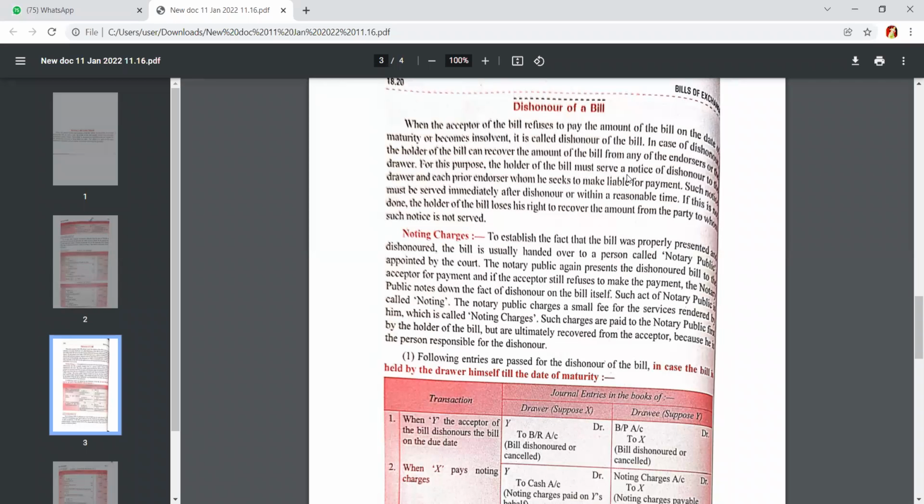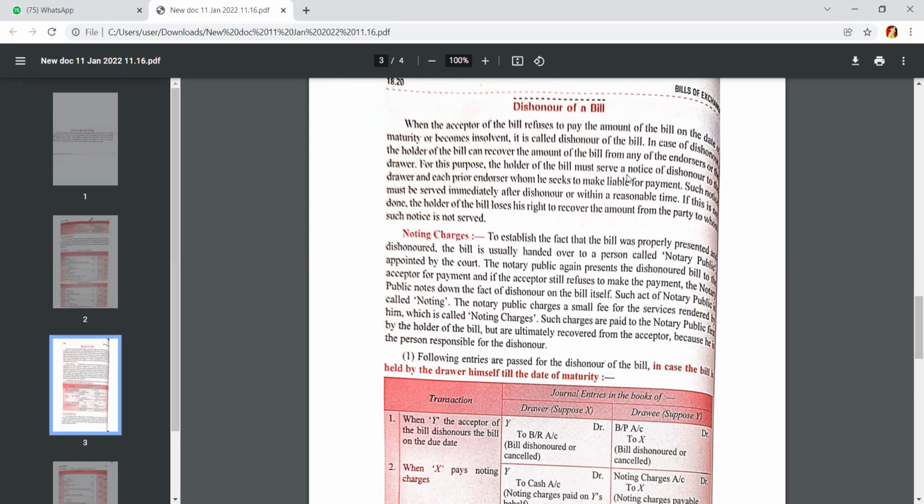If the drawee is not able to pay the amount of the bill due to any reason, whether voluntarily or intentionally refusing to pay on the date of maturity, whether he becomes insolvent or doesn't want to pay willingly, in any case, if the drawee is unable to pay on the due date, then it is considered a dishonor of the bill.